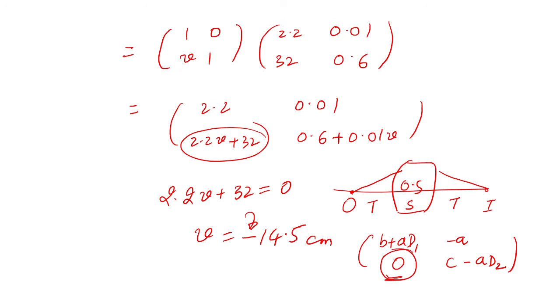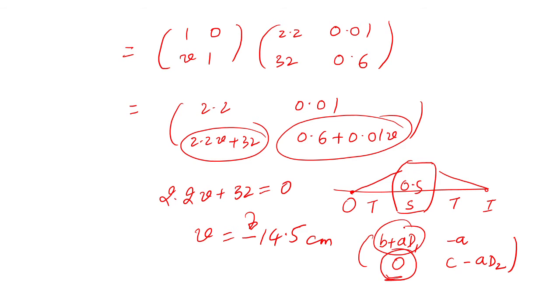What does that tell you about the image? Recall the sign convention that if you get a negative sign, that means the image is on the left of the concave lens, right? Because it is on the left, you got a negative sign, and then you can get the magnification, right? This is nothing but the magnification.